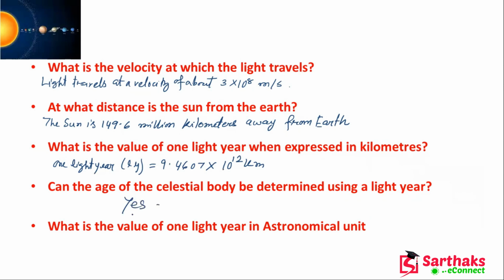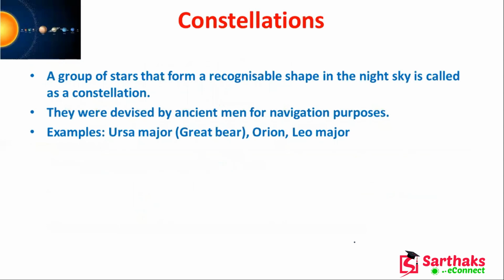What is the value of 1 light year in astronomical units? 1 light year in astronomical units equals 63,241 astronomical units.